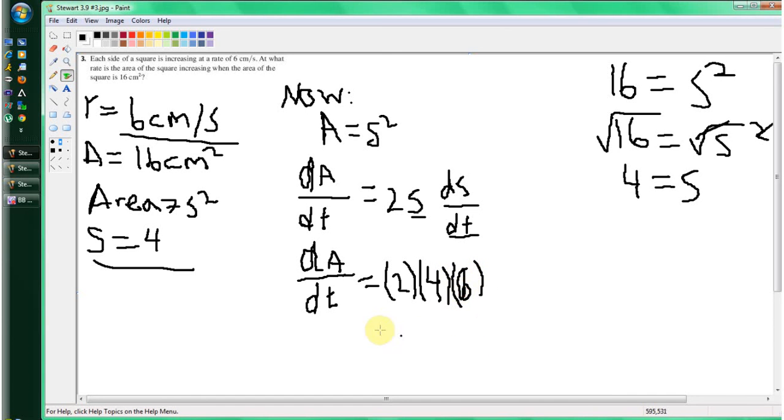And the rate of the area would be, after everything is multiplied out, dA over dt, dA with respect to time, is equal to 2 times 4 times 6, which is 48 centimeters squared per second.